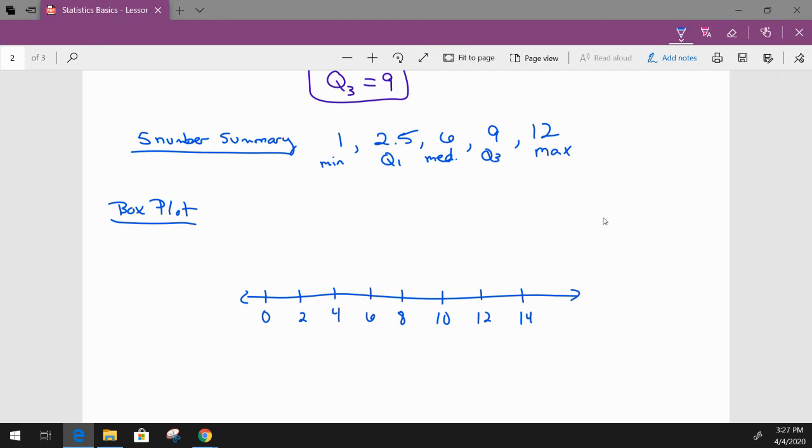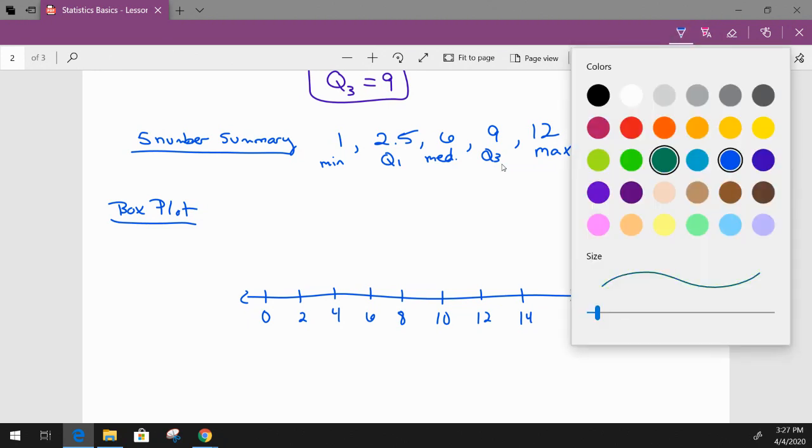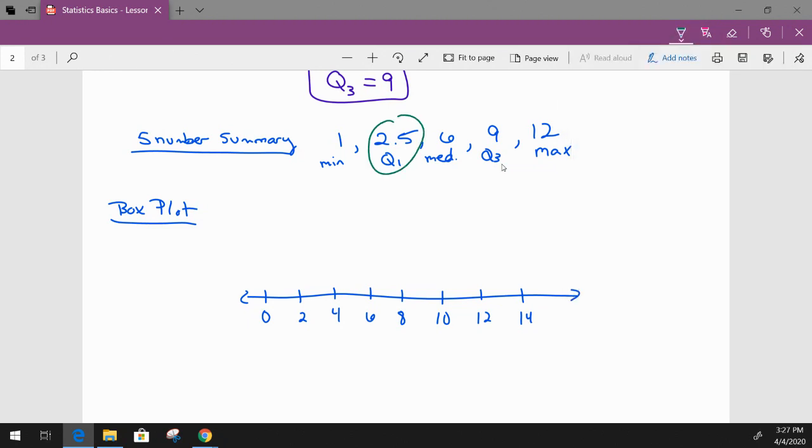Now, when we make our box, we use our Q1 and our Q3. So 2.5, let's see if this is 2 and this is 4, 3 is halfway, so 2.5 is about right here. So that's a vertical line for the left side of my box.